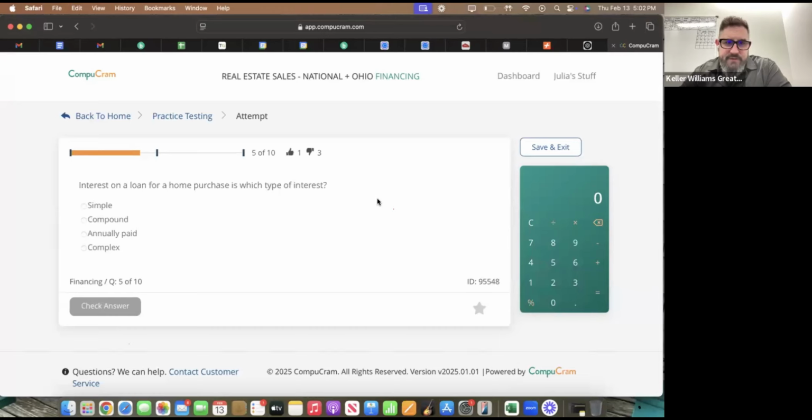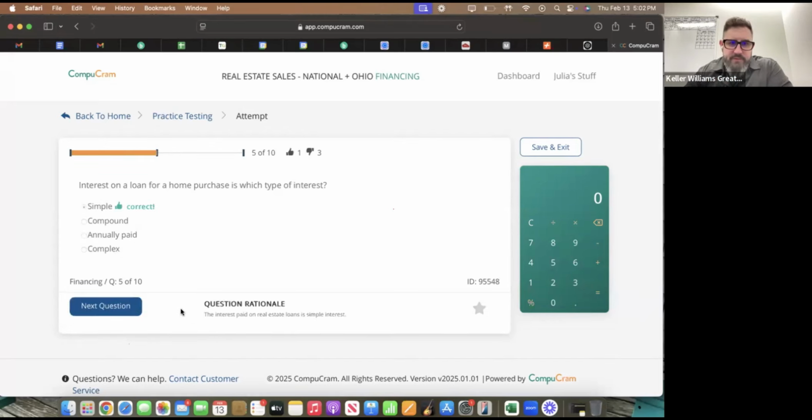Next question. Interest on a loan for a home purchase is which type of interest? A, simple, B, compound, C, annually paid, or D, complex? Excuse me.